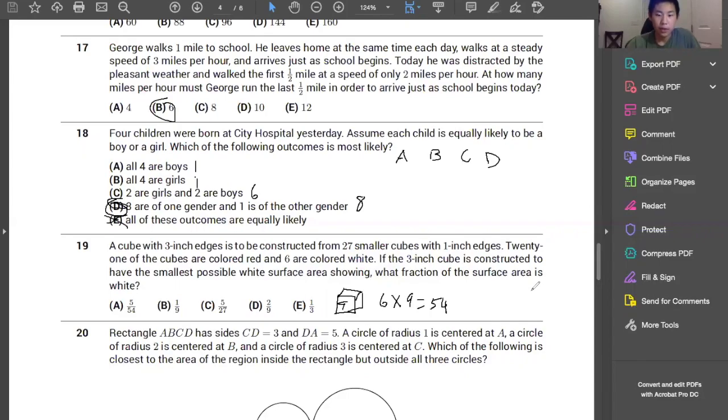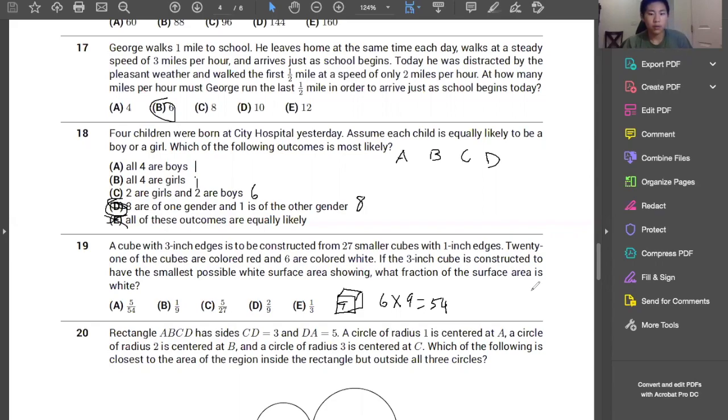And so all we have to do now is figure out what's the smallest amount of white that can be showing. Well, if the cube in the very center is white, it won't show at all. That's pretty good. So we can have the first white cube be in the center. For the other 5, the second best place to put it would be in the very center of a face.